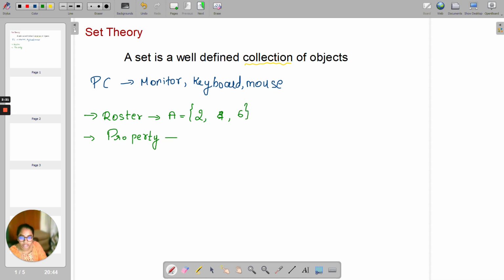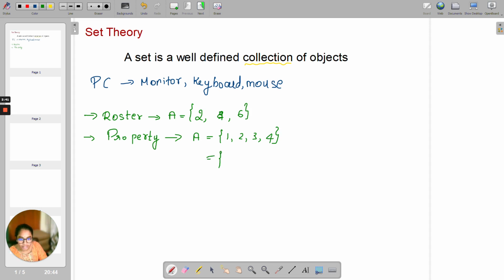Okay, so in the property method, let me take a set in roster method itself: 1, 2, 3 and 4. So I give some properties that would define the set. Okay, how can I write that?